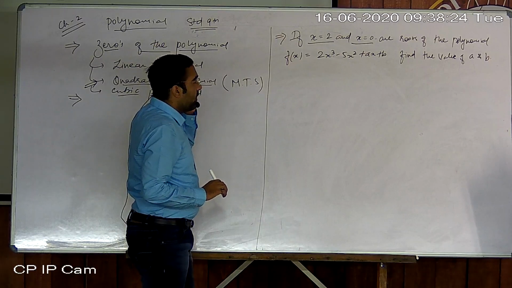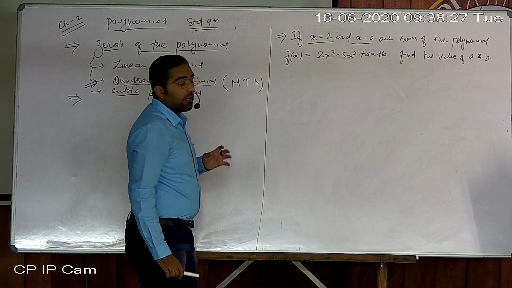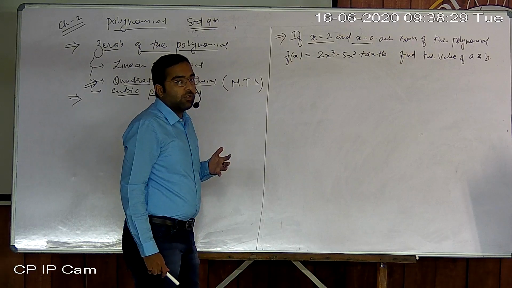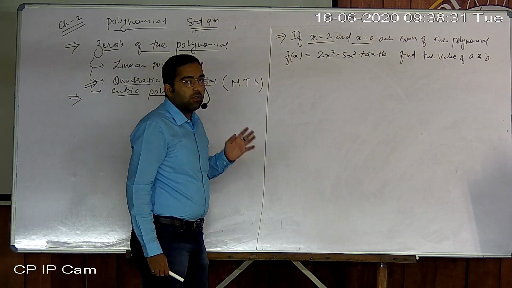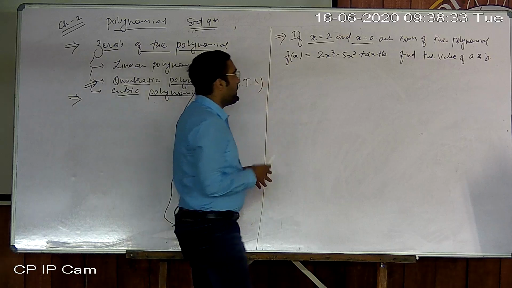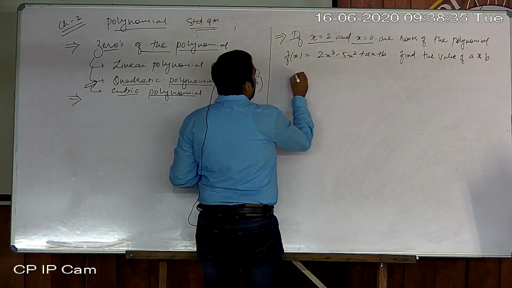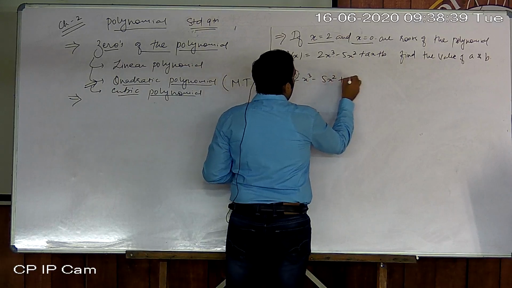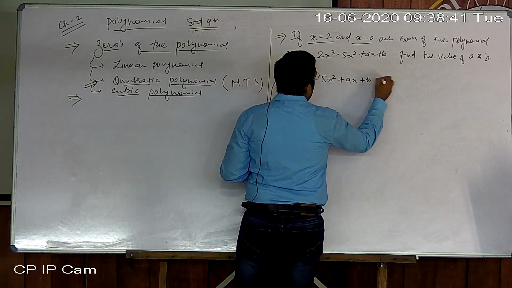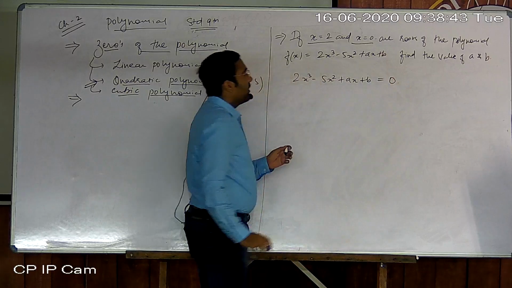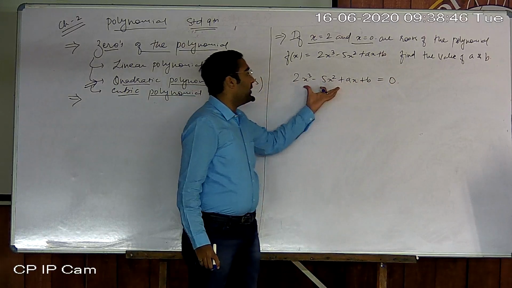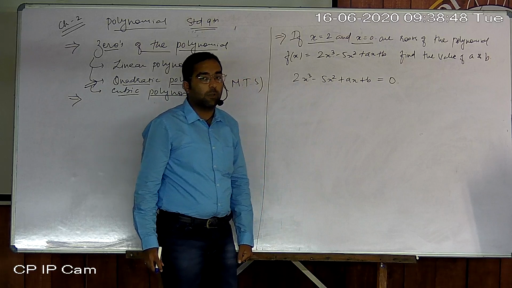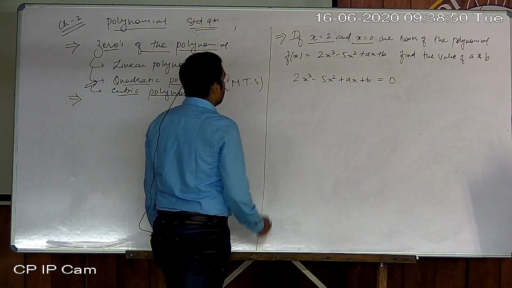Whenever values of x are roots or solutions of the equation, then we must take the given polynomial equal to 0.